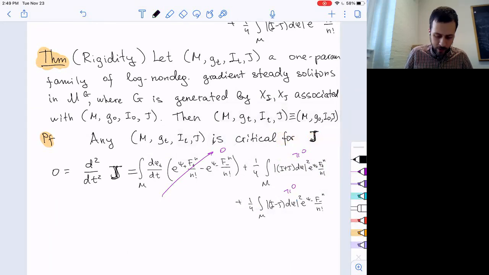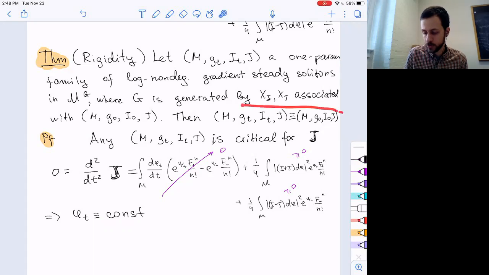So the only way it could happen is that your Vt are constant. And since Vt is constant, your variation is also constant. So you really are not moving at all.